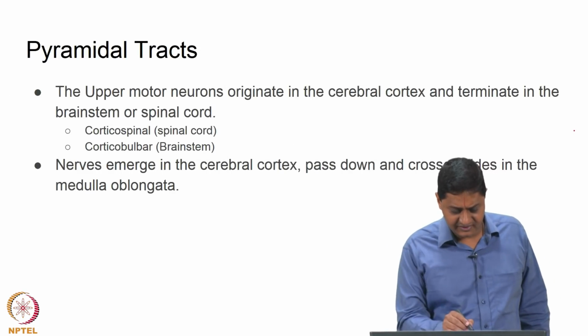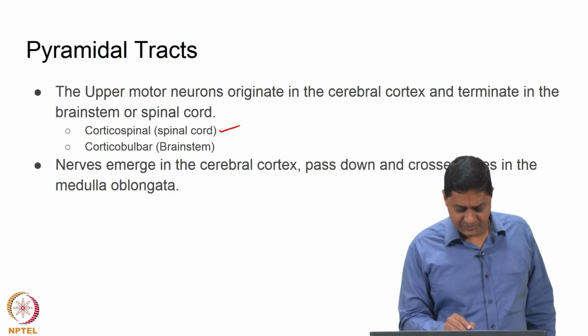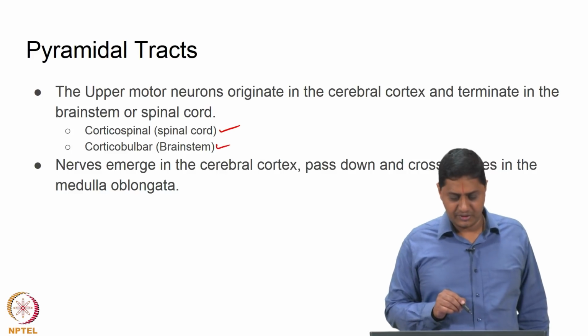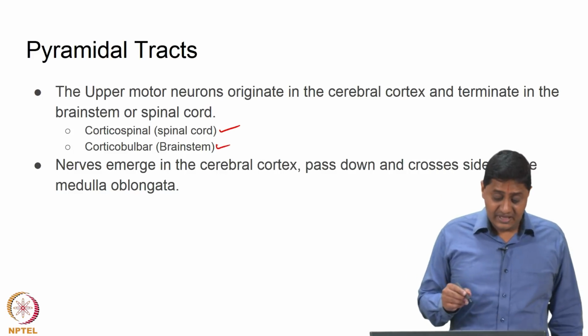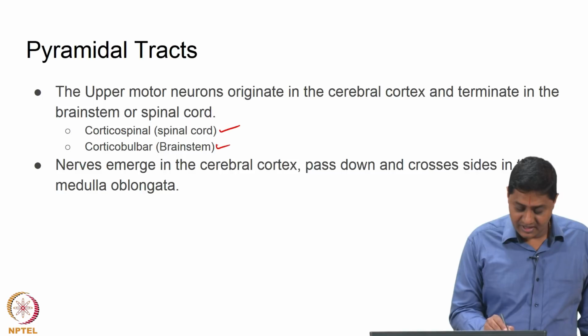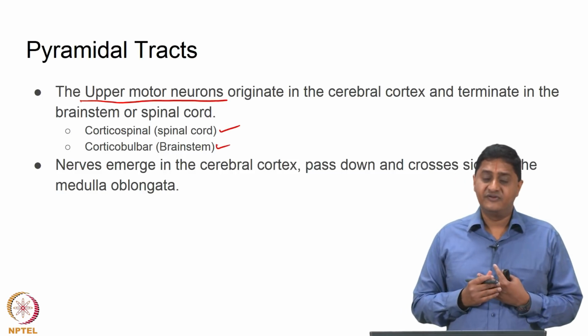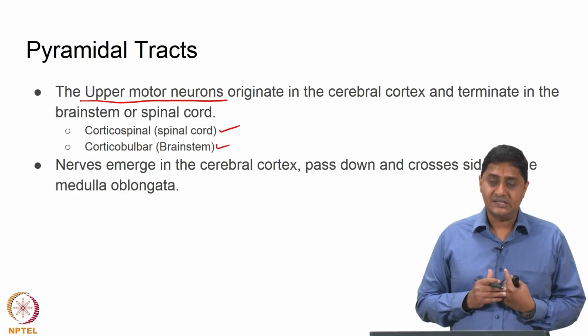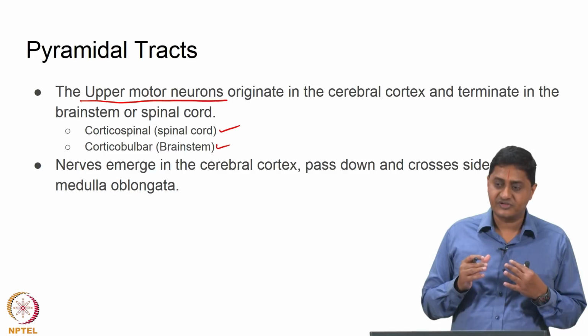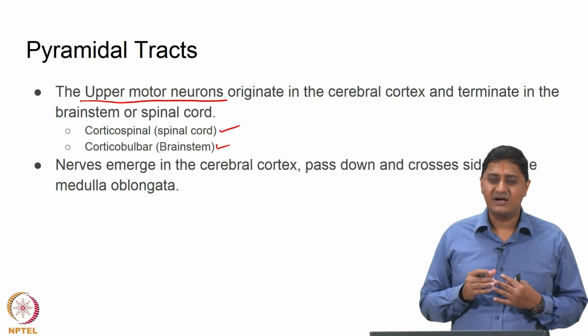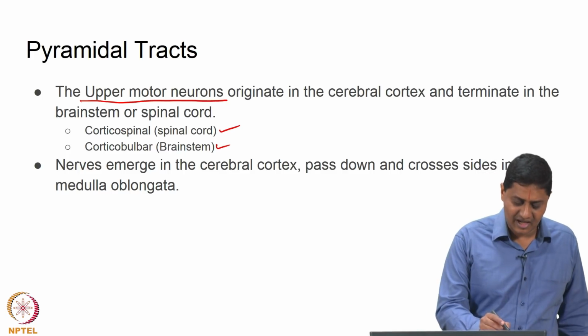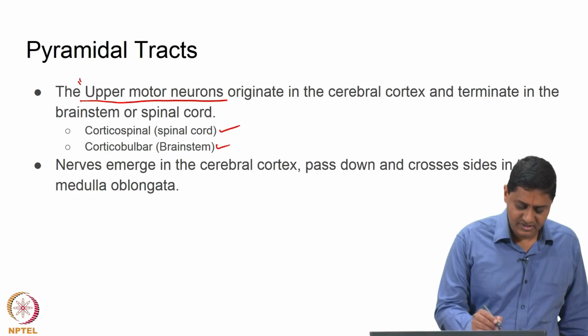So, this I have discussed, the corticospinal tract and the corticobulbar tract. Sometimes the following terminology is used to refer to neurons that control motor function in the cortex, they are sometimes referred to as the upper motor neurons.